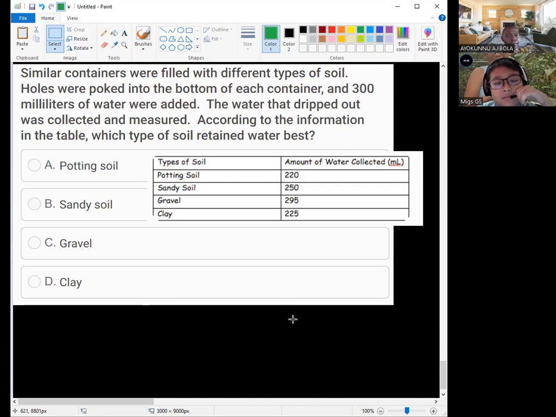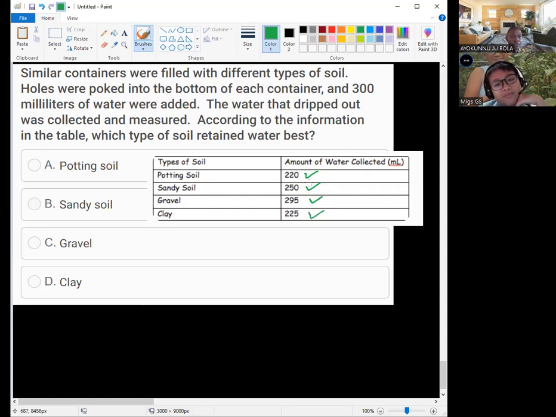This is the amount of water collected from them. Can you study this table? From the first one, 220 was collected. From the second one, 250. The third one, 295. And the fourth one, 225.